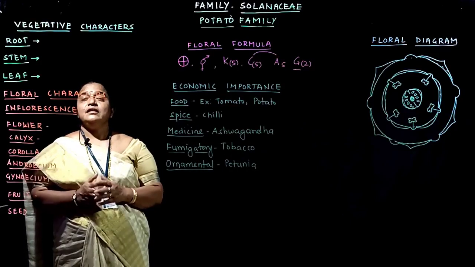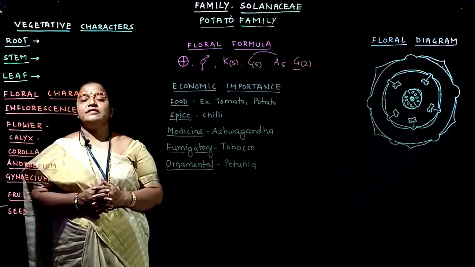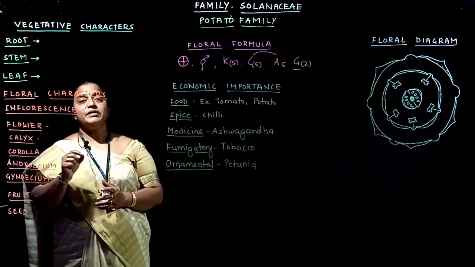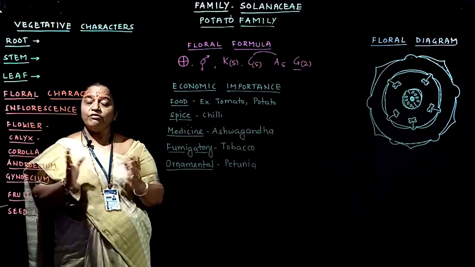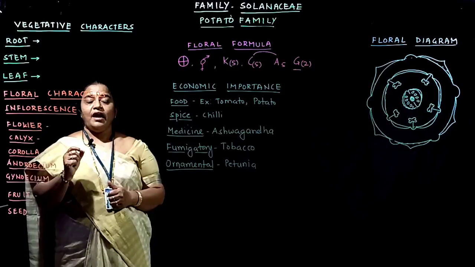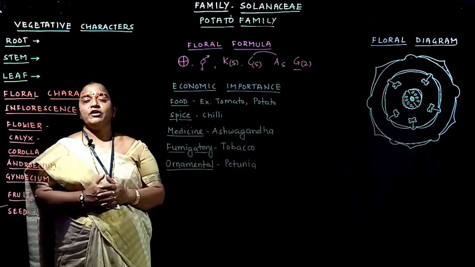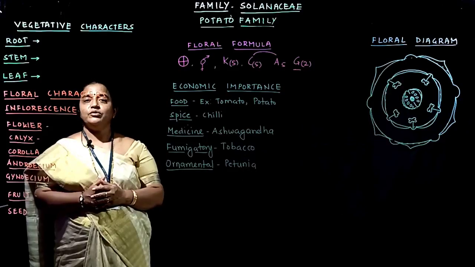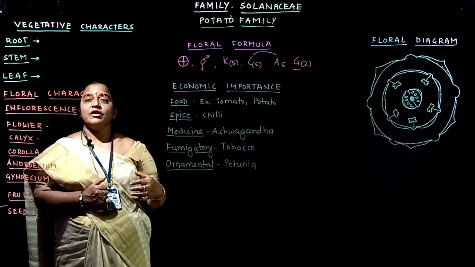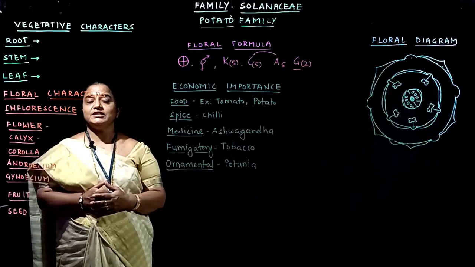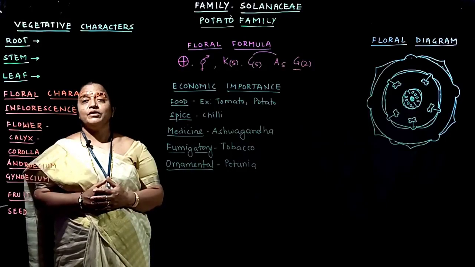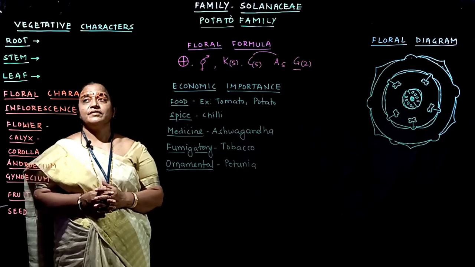Then, in the majority of the plants, the stem is herbaceous, meaning green in color, cylindrical, often branched. In some plants like the potato, the stem is underground, modified for food storage, perennation and propagation. This underground stem, which we can see in the potato plant, is a tuber.